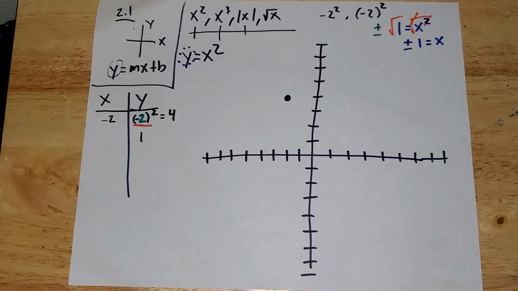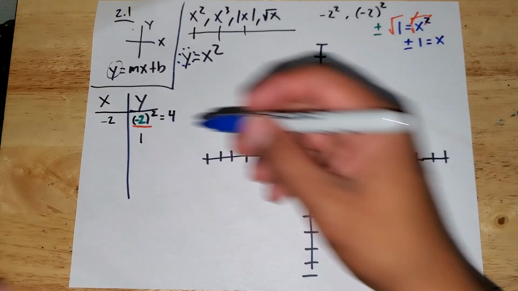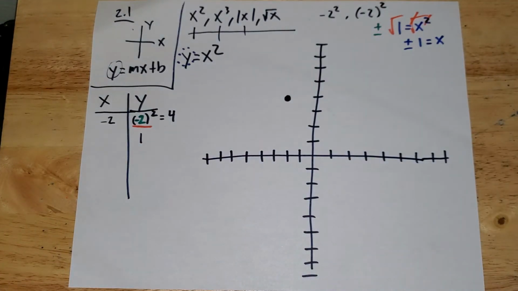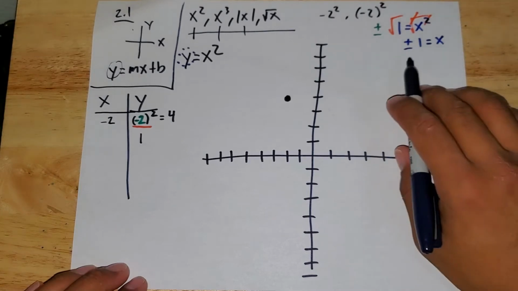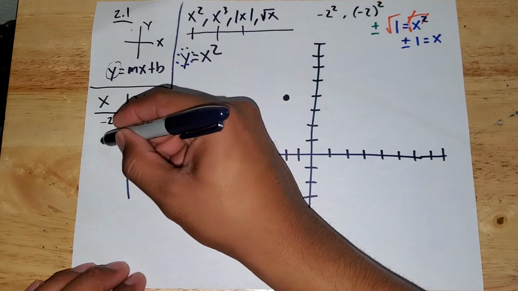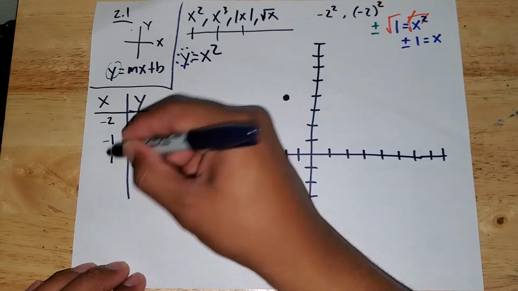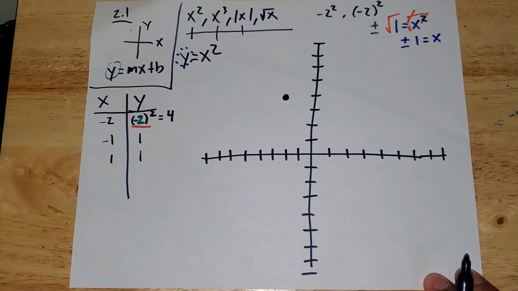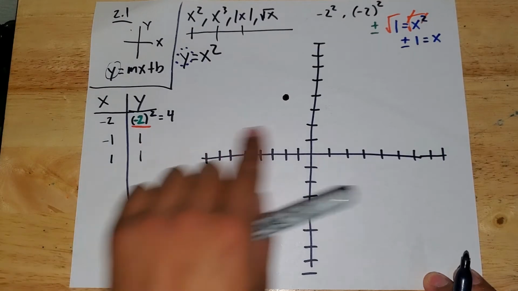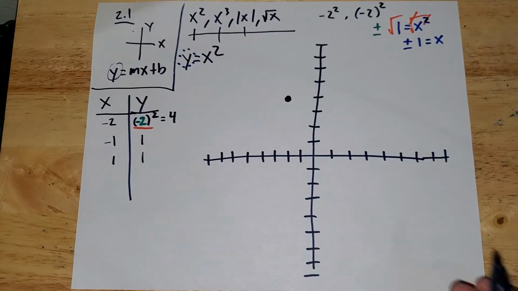So I'm going to have one that has a positive 1 with it, and one that has a negative. So I'm going to have a negative 1, and then there's another one that actually has a positive 1. So for this one y, I get 2 different x's. So that's kind of confusing.